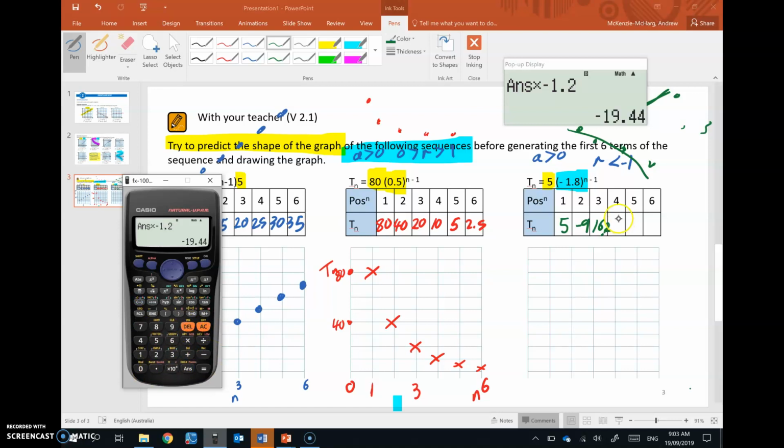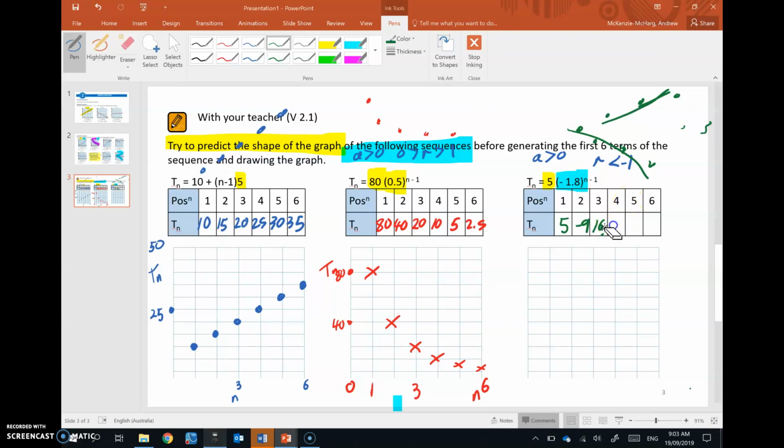Negative 19.44. Just make that a bit smaller. 16.2, negative 19.44. This is very hard to squeeze into this table.